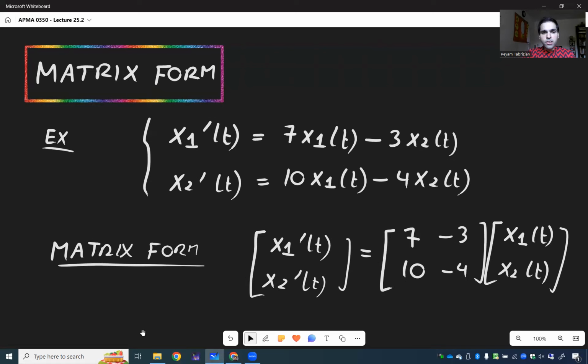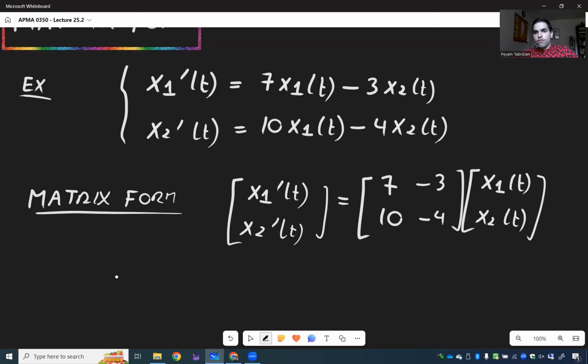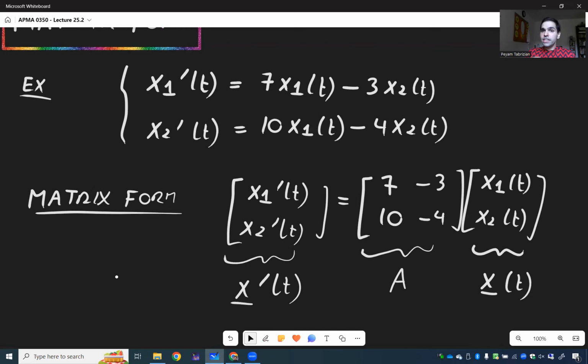In particular, if we call this the vector x of t, so boldface means vector, and A is the matrix 7 minus 3, 10 minus 4, then this becomes x prime of t.